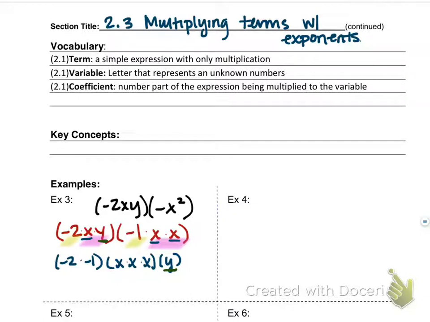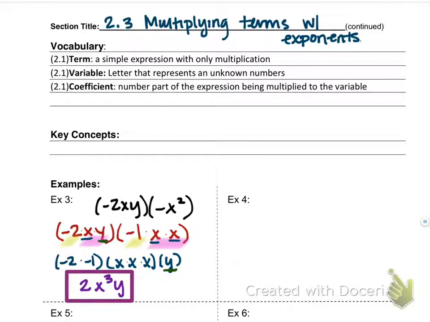And x times x can be simplified as x to the third power. And y can hang out all by itself. So we're multiplying all these together, and I'm using my idea of alphabetical order.